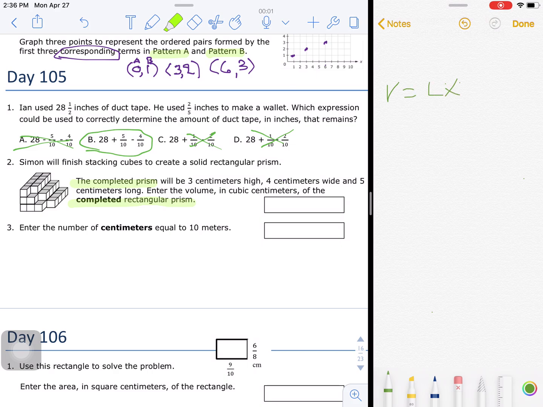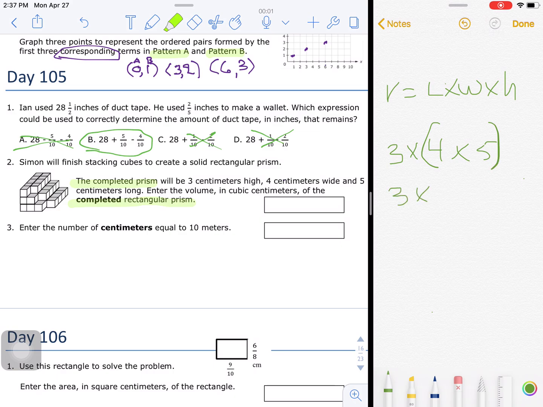So we know that volume requires us to go length times width times height. And we also know that the order that we multiply those is not important. So I'm going to do the easiest way for me, and I look at this and I see, well, 4 times 5 is 20.